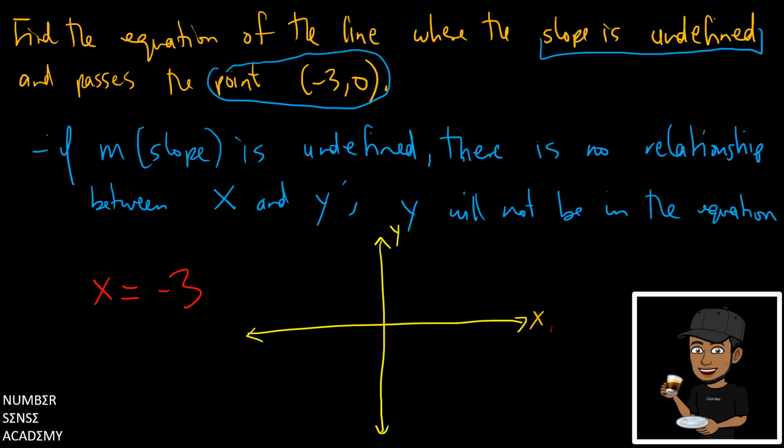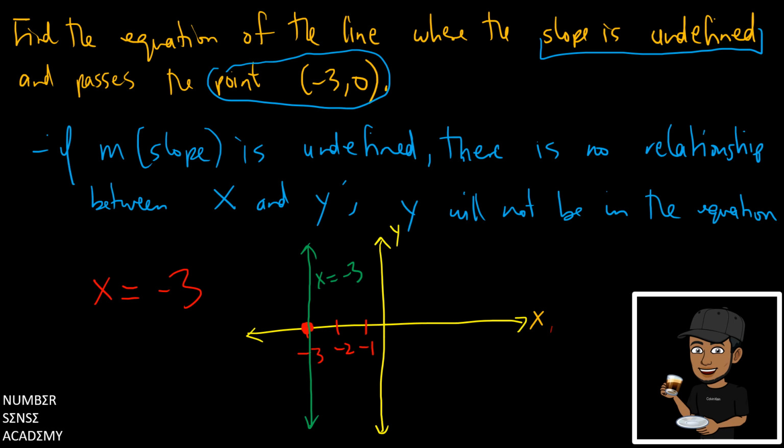This is x. X is -3, so I'm going to march along. So 1, 2, 3. So this is -1, -2, -3. I'm going to find this point. Okay, x is equal to -3, and I have a vertical line that is parallel to the y-axis. X is equal to -3.